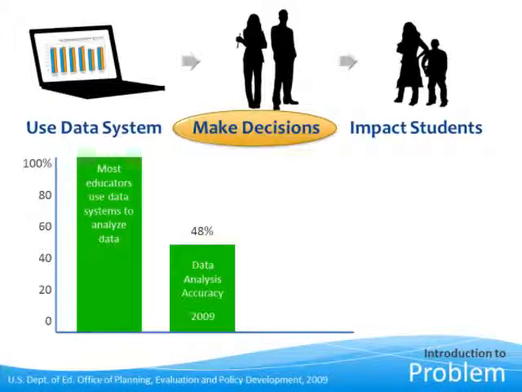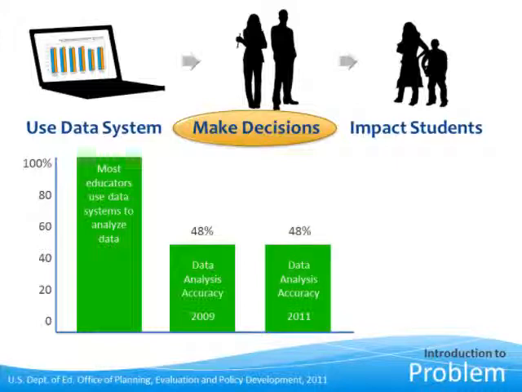For example, one of the most comprehensive studies on educator data use was conducted by the U.S. Department of Education at 9 school districts known for strong data use. Despite these reputations and all of the supports in place, researchers found teachers answered only 48% of questions correctly when interpreting data.